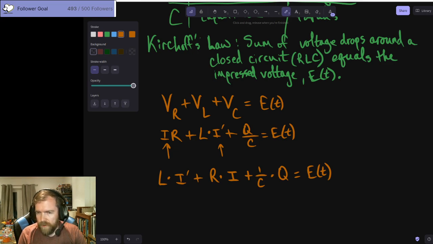Alright, so from what we have here, we know that I is going to be the current in the circuit. And we know that Q is going to be the charge in the capacitor.